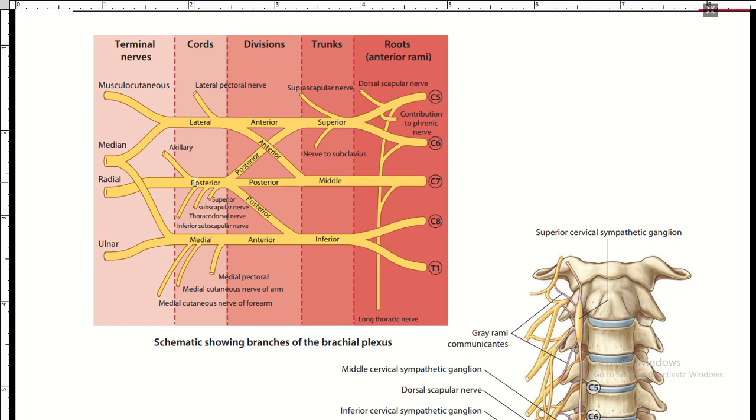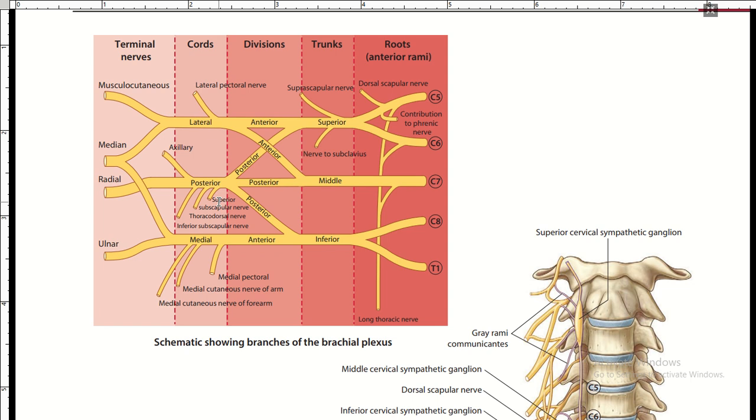U-L-T-R-A. Ultra. The U is going to be the upper subscapular nerve, which we call the superior subscapular nerve. The upper subscapular nerve is going to innervate the subscapularis muscle.